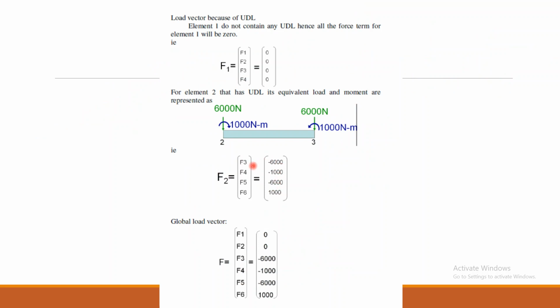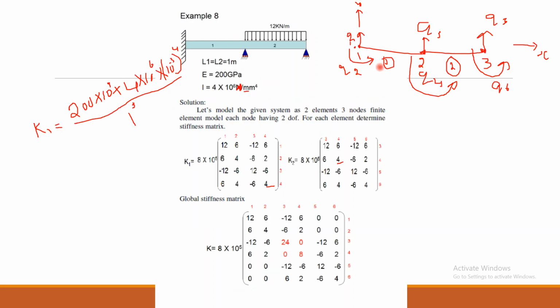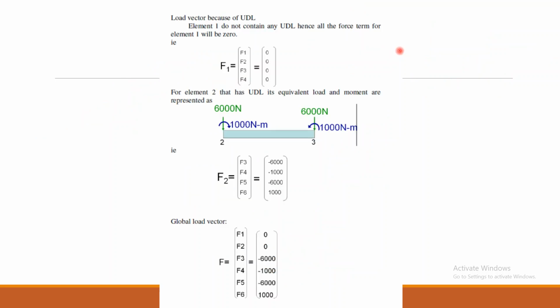So once the F2 value that you have calculated, the later part is the combination of, or finding, the global load vector. Okay, F is equal to nothing but F1 to F6. So how did you consider that? By using this, what we call the FEM model.